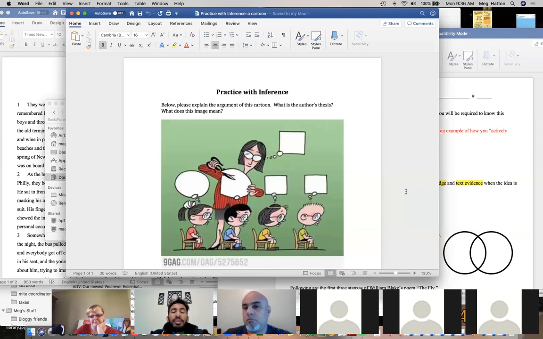Good question. Assuming that the author is complaining about the way that teachers or the education system is going right now, that every student is taught the same thing in the same way.